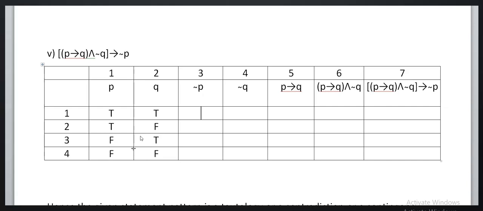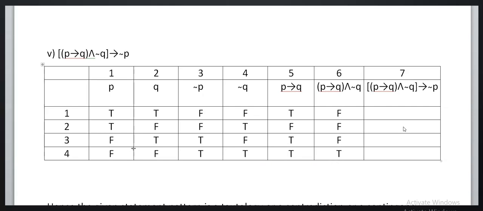Negation of P, FF TT. Negation of Q, FT FT. P implies Q: T implies T is T, T implies F is F, F implies T is T, and F implies F is T. Now AND between these two, fourth and fifth: F and T is F, T and F is F, and T.